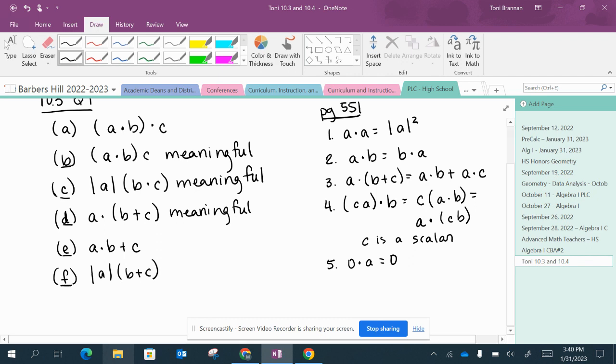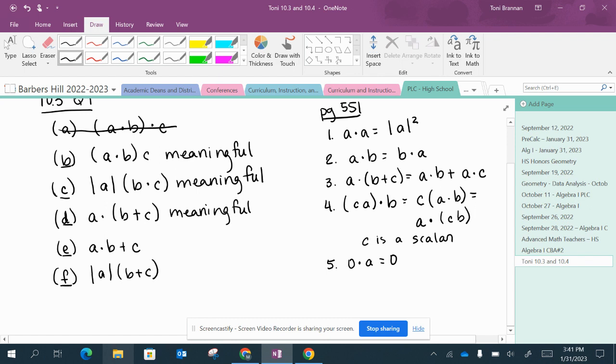If you can, then they're going to be meaningful. Such as in A, you don't have anything that talks about A dot B combined with the dot product of C. We don't have three dot products going on. So it's meaningless. It doesn't do anything for us.